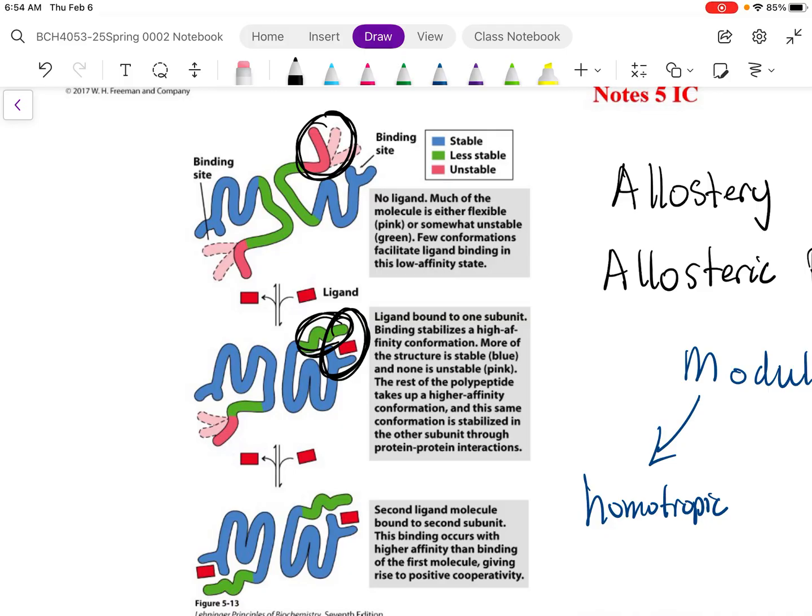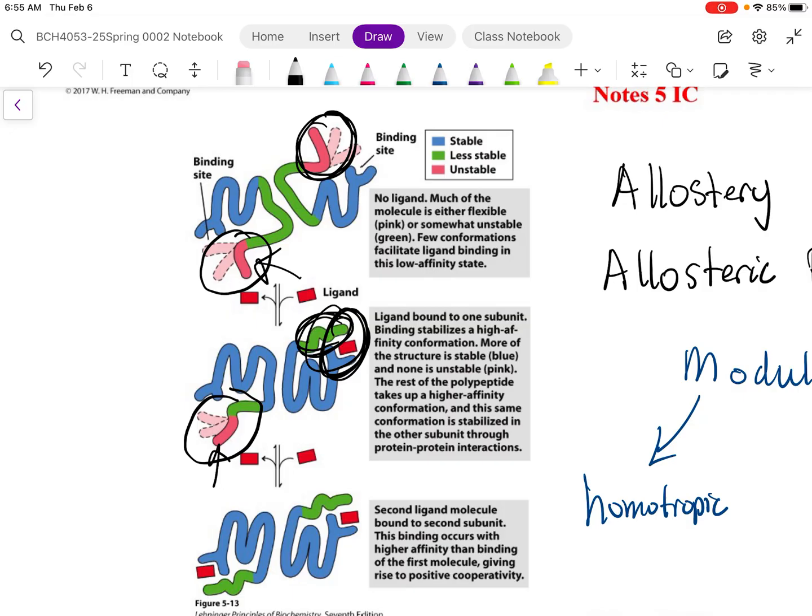But when that one ligand bound over here, I want you to focus your attention on the difference here. Yes, it's still green and pink, but you see how the orientation of this one differs from the orientation of that one.